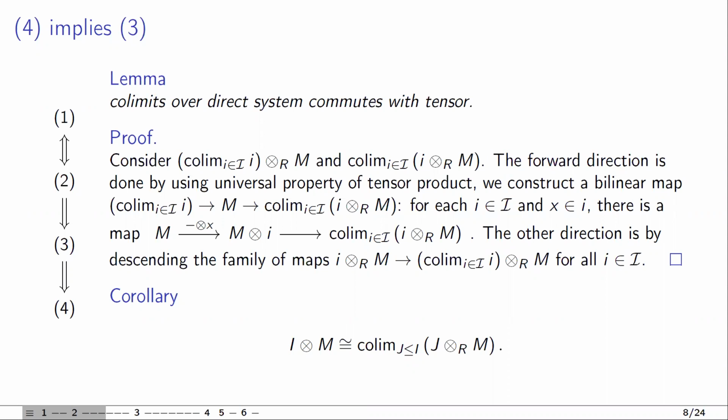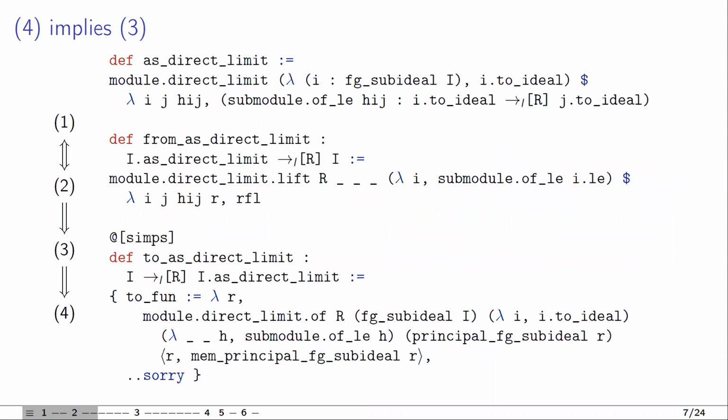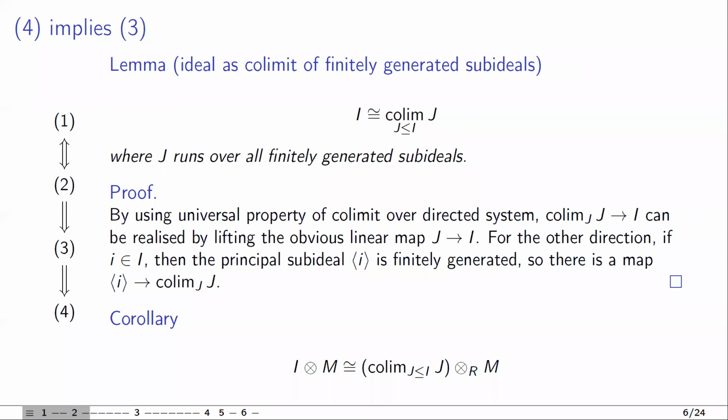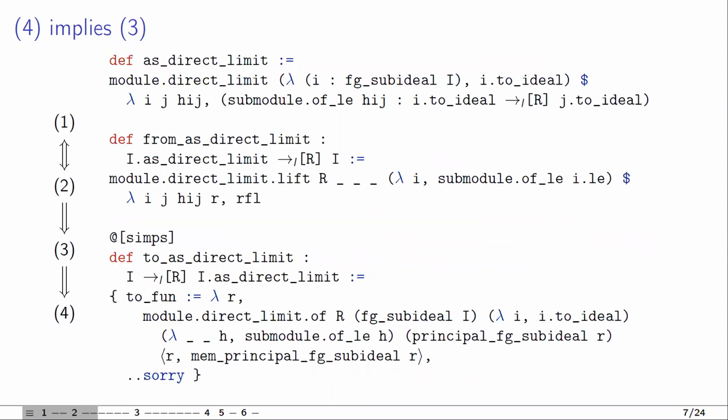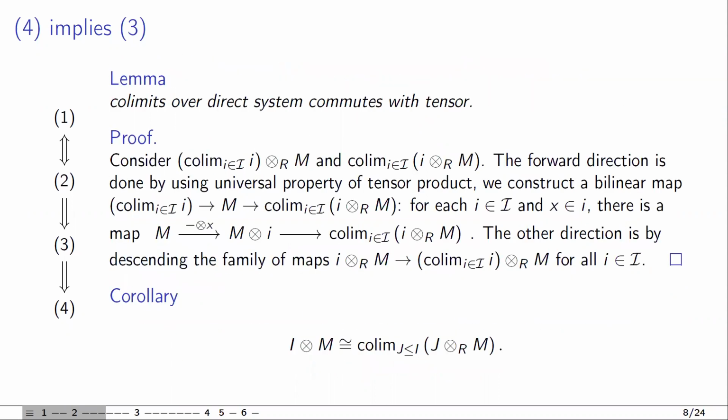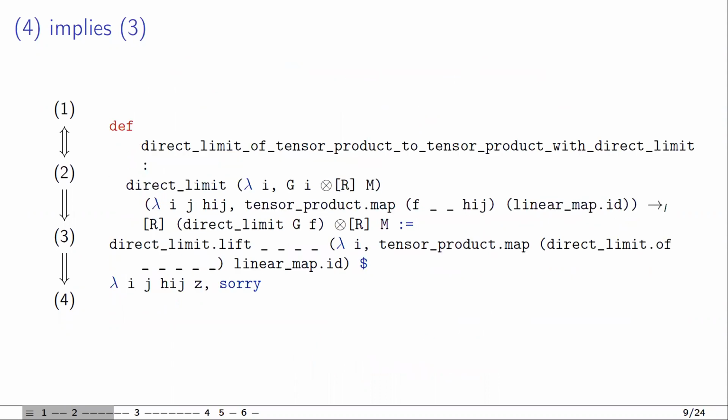So the corollary is, well, we know that I tensoring with M is the colimit of all J tensoring with M. So now we can move the brackets around to form that I tensoring with M is actually isomorphic to the colimit of J tensoring with M, where J is all the finitely generated sub-ideals of I. And yeah, forgive me for this terrible name because I couldn't figure out any better name.